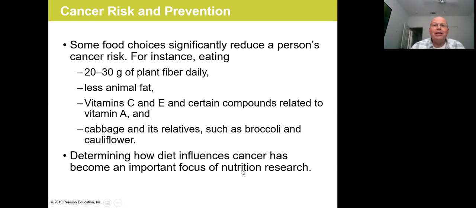There are some things that we can do as far as diet is concerned. This one about plant fiber, that one I know goes backwards and forwards about whether this is advantageous or not. It's specifically geared towards colon cancer.